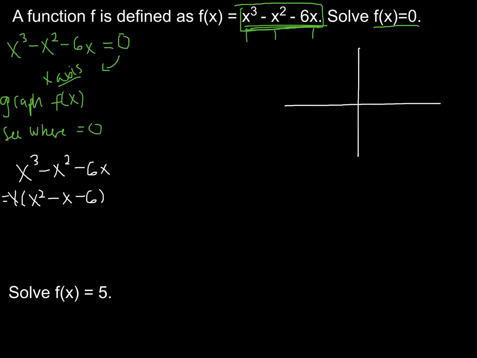This is to the first power, so it's a linear factor, and this is a quadratic. So how many linear factors will this give me? It will give me 2, and that's exactly what I'll expect because this is a cubic, so I should have 3. So I can go ahead and factor that quadratic, and I'm going to end up with x minus 3 times x plus 2.